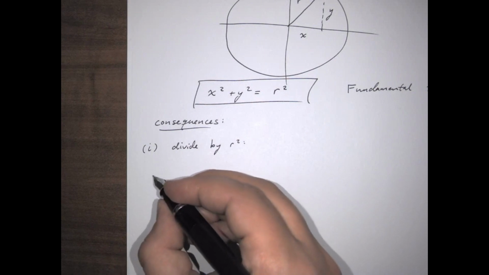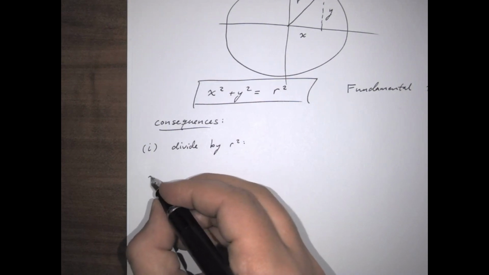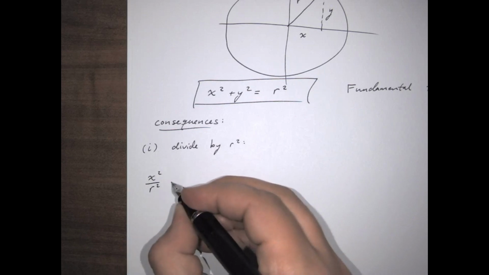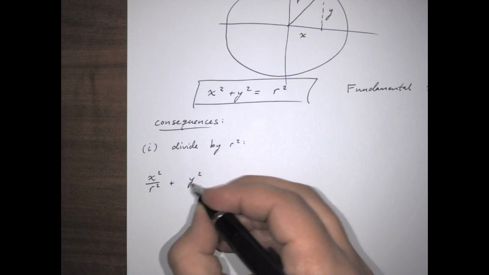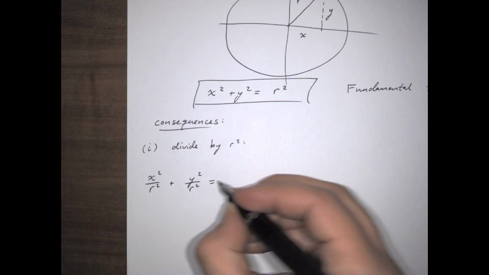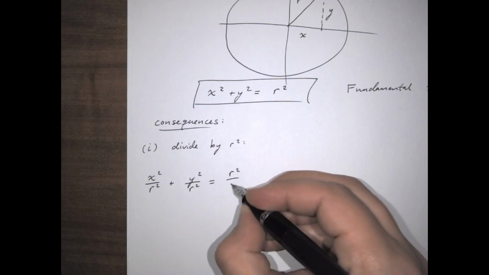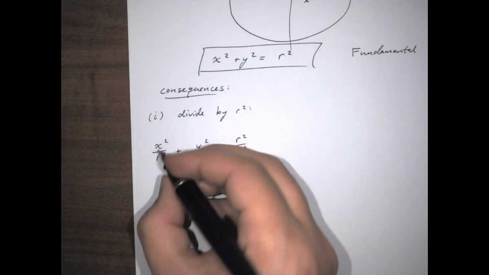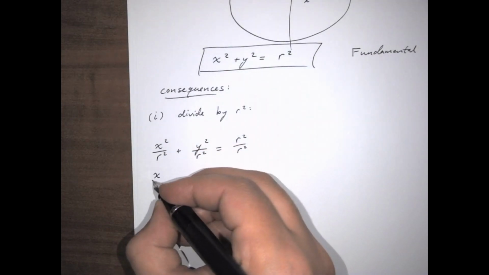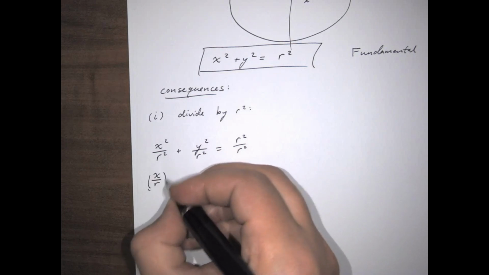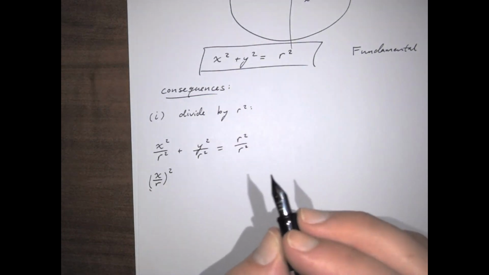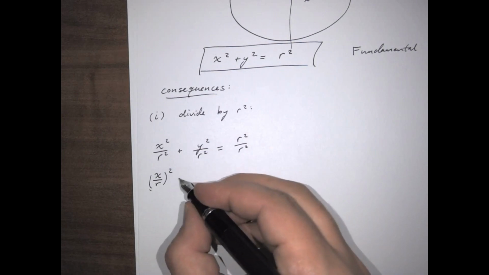That means we'll have x squared over r squared plus y squared over r squared is equal to r squared over r squared. Where does that leave us? Well, that's x over r. Whenever you're squaring the top and bottom of a fraction, that's the same as squaring the whole fraction.